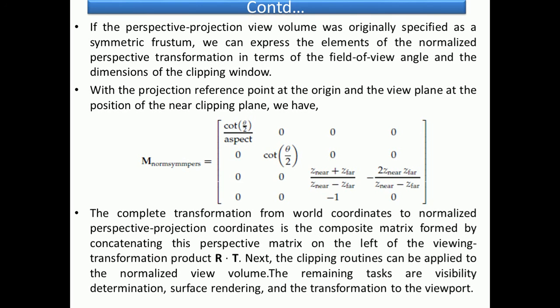By using the previous equation with the projection reference point at the origin and the view plane at the position of the near clipping plane, we have M normalized symmetric perspective matrix equal to cot(theta/2) divided by aspect, 0, 0, 0; 0, cot(theta/2), 0, 0; 0, 0, (z near plus z far) divided by (z near minus z far), minus 2 z near z far divided by (z near minus z far); 0, 0, minus 1, 0.